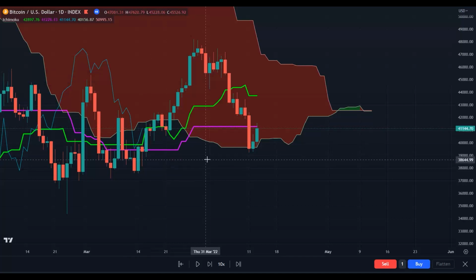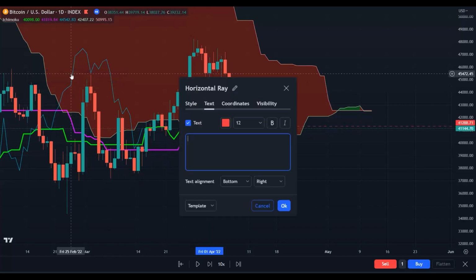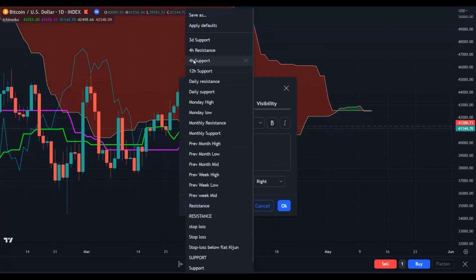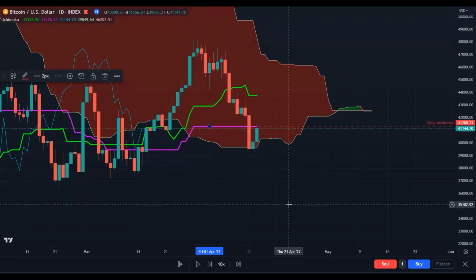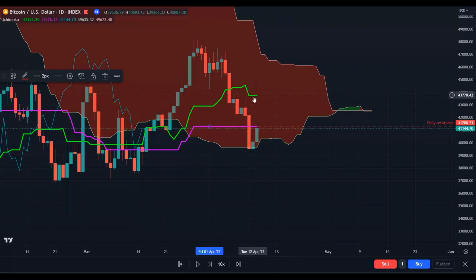I know that the flat Kijun-sen acts as a strong resistance here. So this is my resistance, and we are in a daily time frame, so this will be our daily resistance. Also, I know that Tenkan-sen also acts as a resistance.